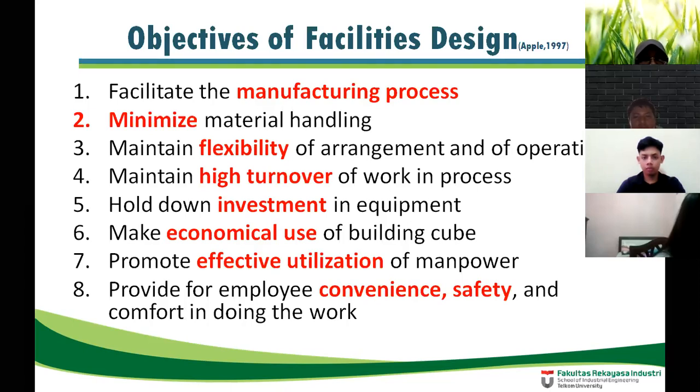Since the flexible manufacturing itself promotes the flexibility of layout and also adapts so many considerations, it should support the utilization of manpower using effective resources. And the last one, maybe this is the important thing. They must promote the convenience of employees, the safety, and the employees themselves feel comfortable working in these situations.